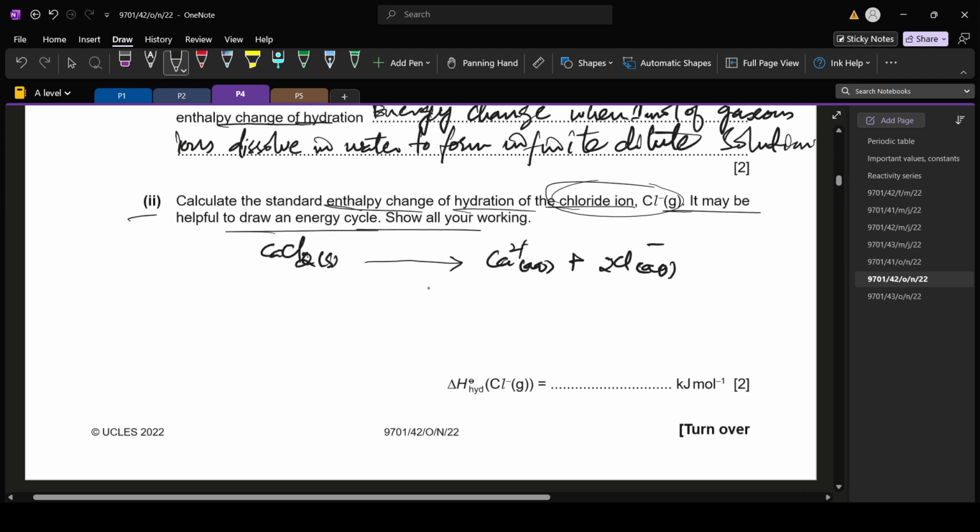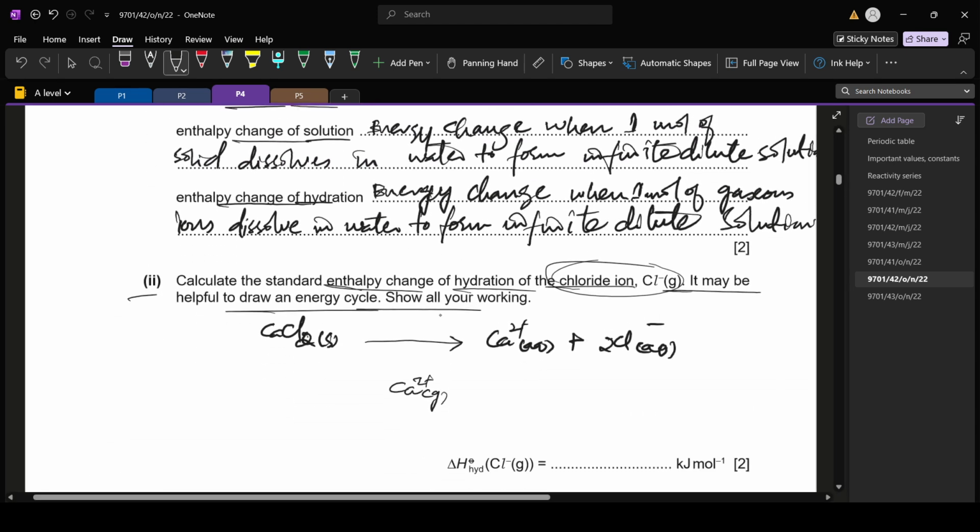And what is the value of enthalpy change of hydration? It is when 1 mole of gaseous ions dissolve in water. So this will be the enthalpy change of hydration of calcium ions, and this will be the enthalpy change of hydration of chloride ions. And this is what you have to find out.